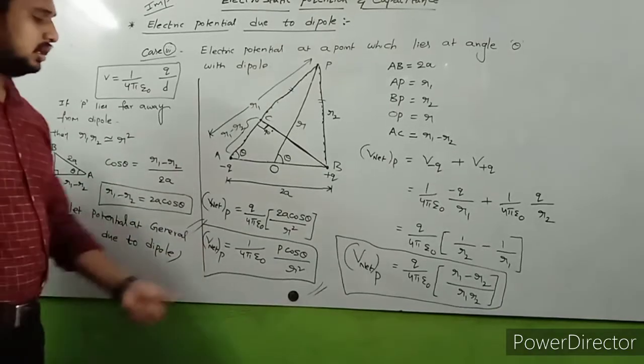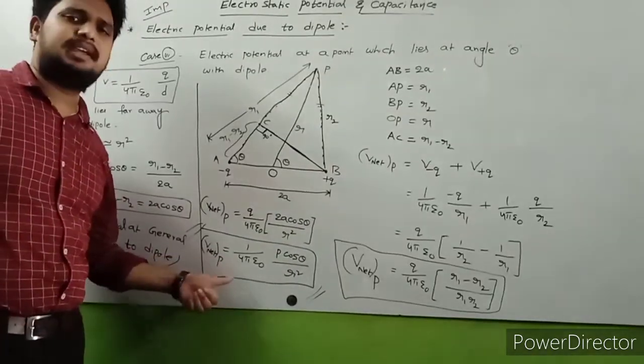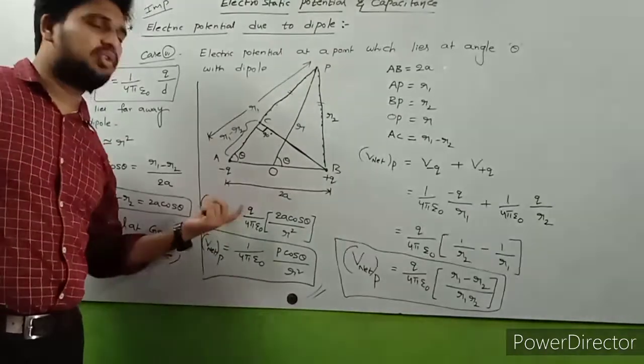The formula is 1 by 4 pi epsilon naught into P cos theta by R square. Very important formula, so please note this down.